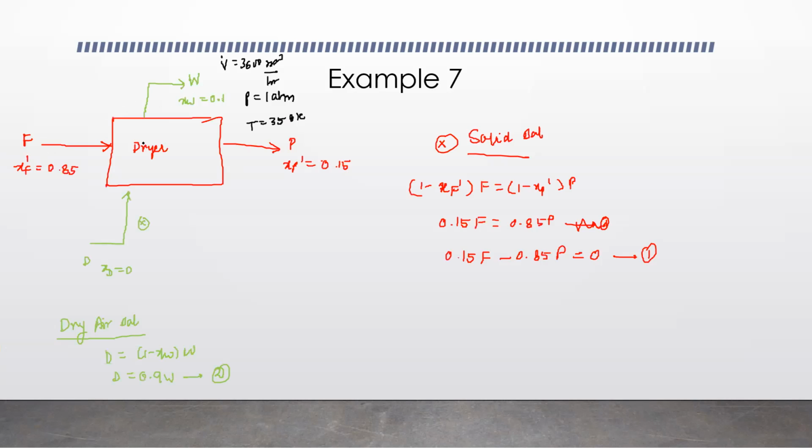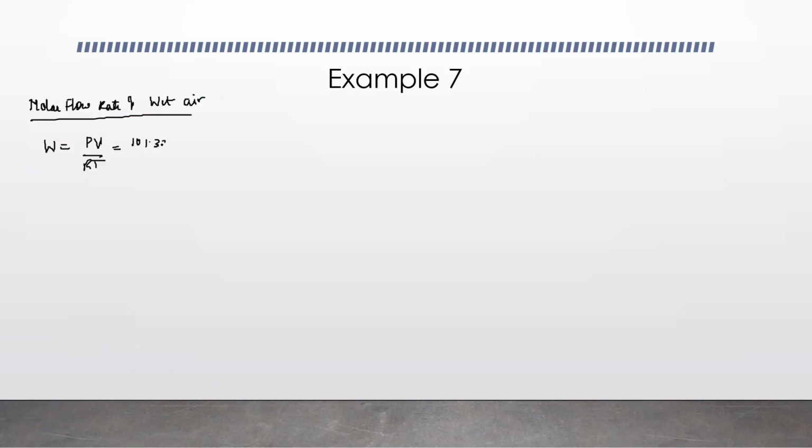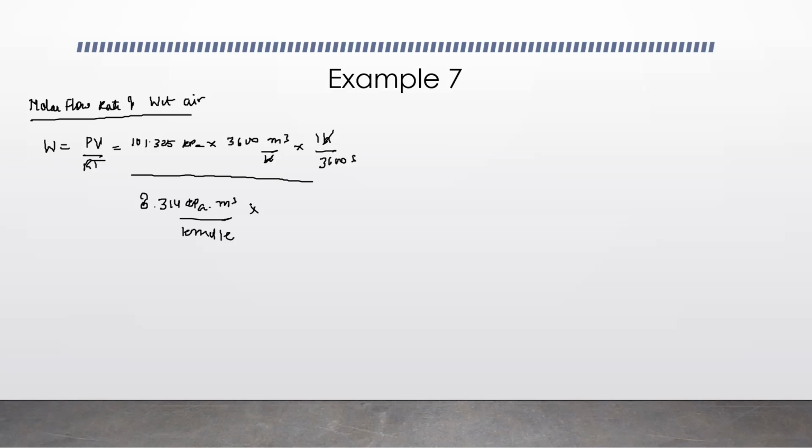That is 1 atm, that is 101.325 kilopascal, into 3600 meter cube per hour, into 1 hour upon 3600 seconds, so this becomes meter cube per second, upon R, which we are going to take as 8.314 kilopascal meter cube per kilomole Kelvin, and the temperature they have given as 358 Kelvin.